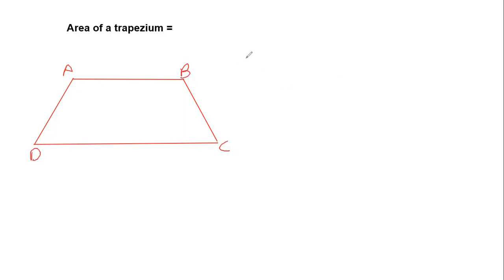Now the formula for the area of a trapezium is half into sum of parallel sides. These two sides are parallel, so I'll take the sum of them: AB plus CD, sum of parallel sides, into the distance between them, or you can say the height.